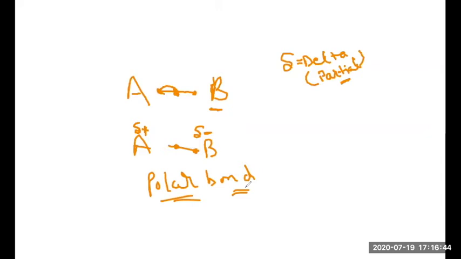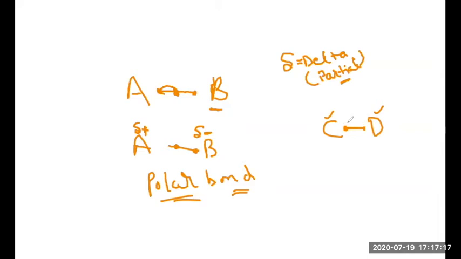If both atoms are the same, and no one is stronger than the other, let's say C and D, both are the same in strength, none of them is stronger. That means electrons are shared equally, right? No one can snatch the other's electron.